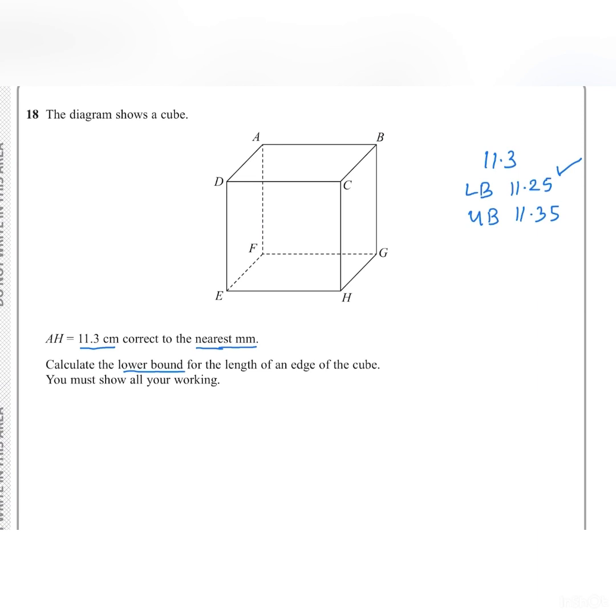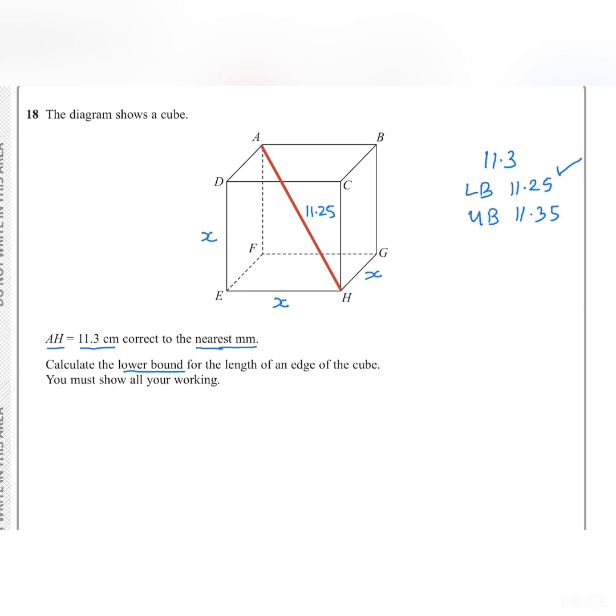Okay, now we don't have any lengths of the cube, so I'm going to call this x, and x here. So basically all the lengths would be x since it's a cube. Now they've given us a distance A to H. So if I just draw a line from A to H, that is given as 11.25 to the nearest millimeter.